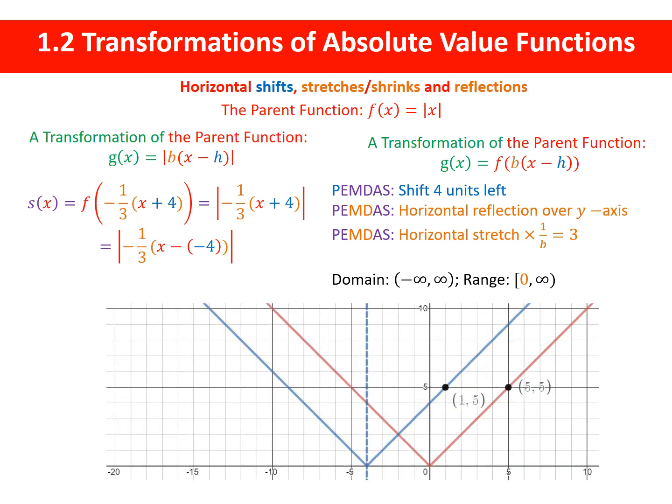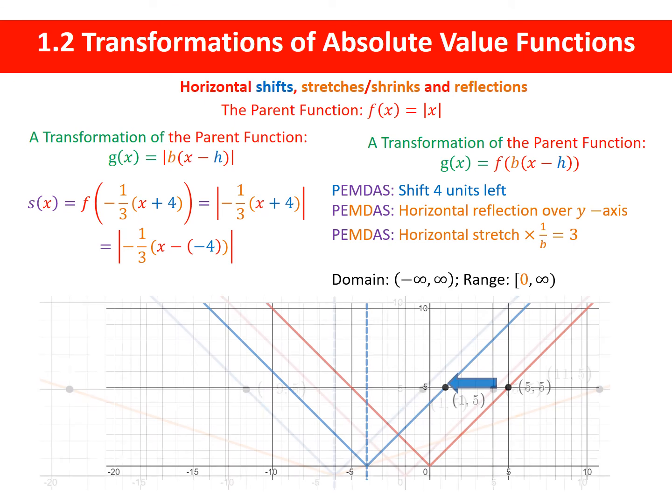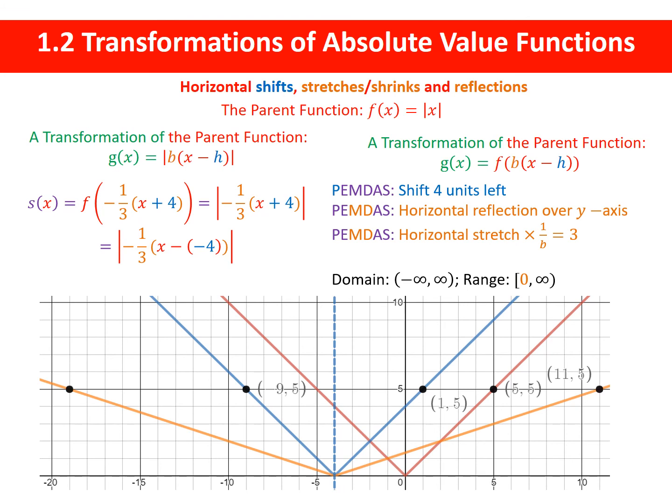When we look at the first graph, we take the parent function in red and we shift 4 units to the left, so you can see the vertex at the origin 0, 0 has slid to negative 4, 0, and also the point at 5, 5 has gone over to 1, 5. Also, if we start to look at the negative, we can see how a reflection, we want to say that it's a reflection over the y-axis.